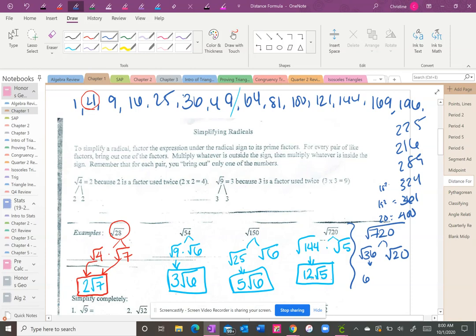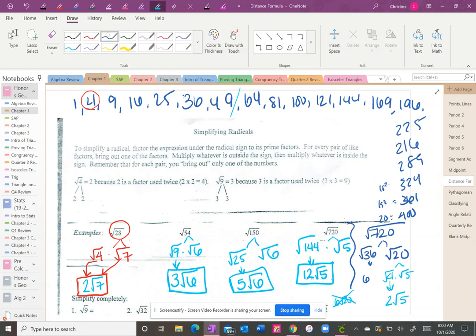But you can never leave a perfect square inside of a radical. So if you look at 20, there is a perfect square that can be factored out of 20. It's 4. 4 times 5 is 20. So if you were to write 6 root 20, that is incorrect. The square root of 20 can be broken down more into root 4 times root 5. And now root 4 is 2, and root 5.